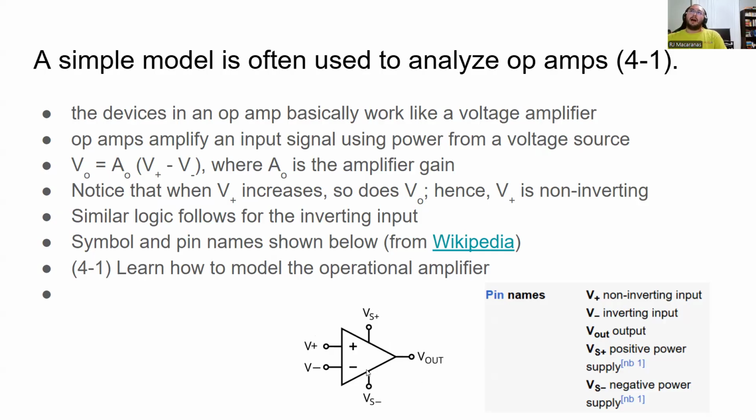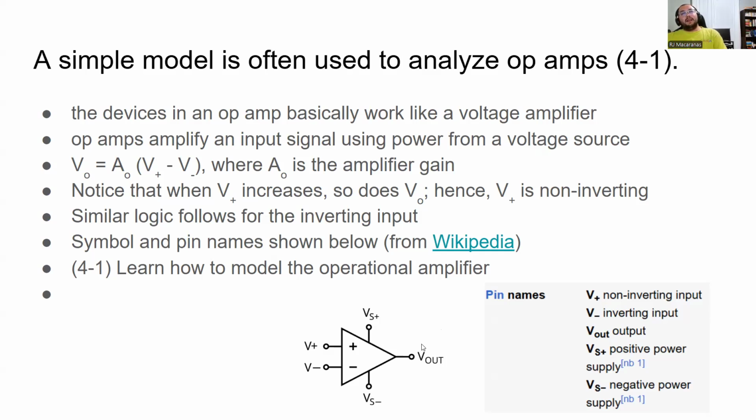Usually when you're powering the op amp, you'll see either a dual rail supply, where there's literally a positive voltage source and a negative voltage source, or you might see single rail, where you'll have just a positive voltage source and ground. I didn't put that there. That's a little bit outside of the scope of this, but it's something to keep in mind.